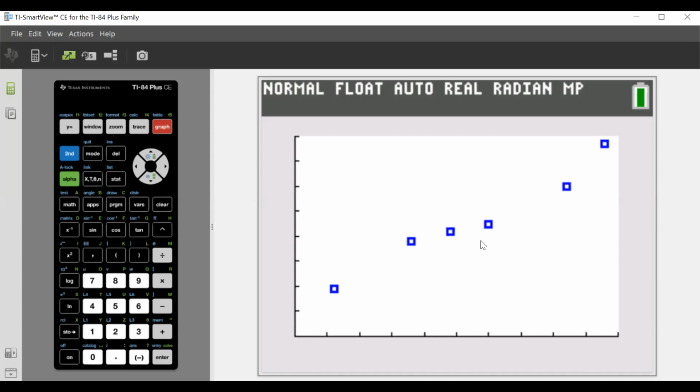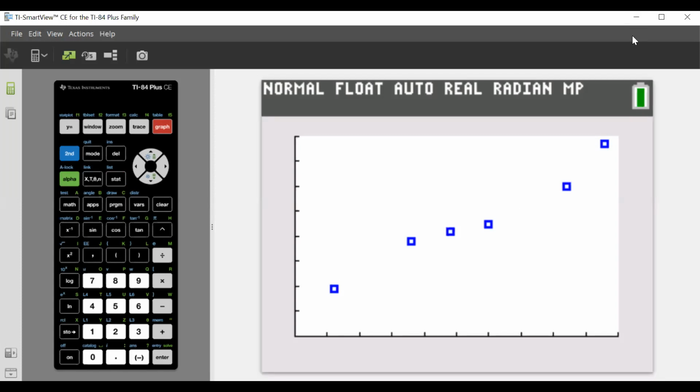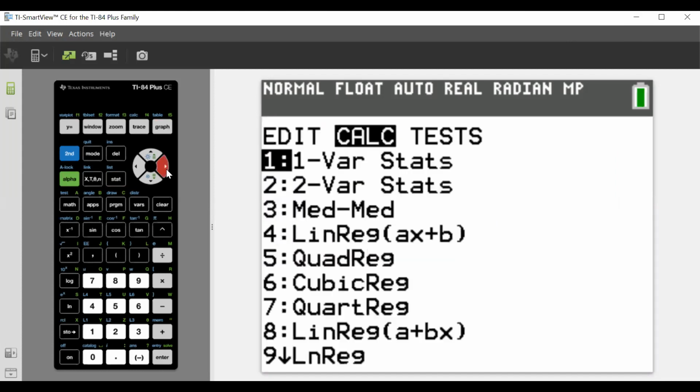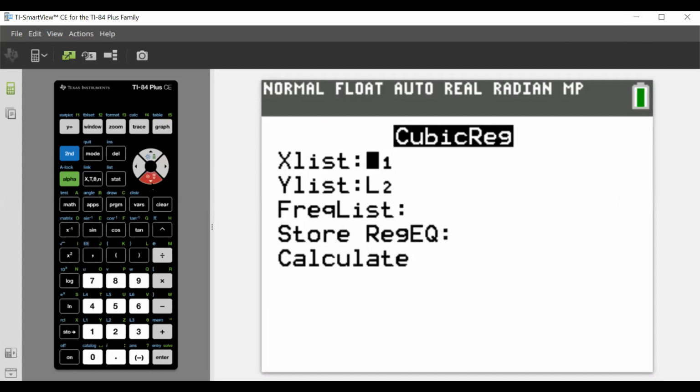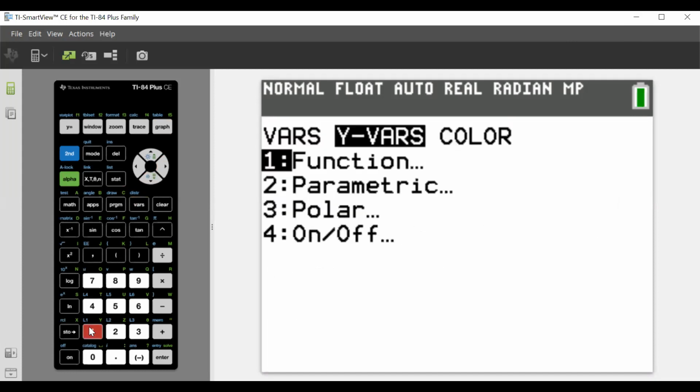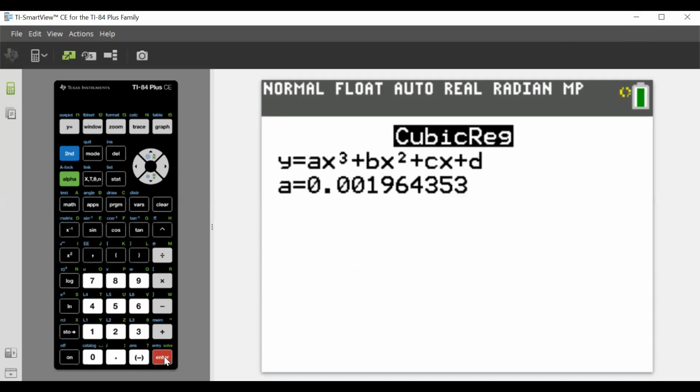Okay, and so for part A, all I can say is it looks like a cubic, and so it's just going to keep increasing. So what I'm going to do is just go ahead and do my cubic calculation and say that's probably as good as we're going to get. So we'll go down here, we'll do vars again, 1 1, enter enter.